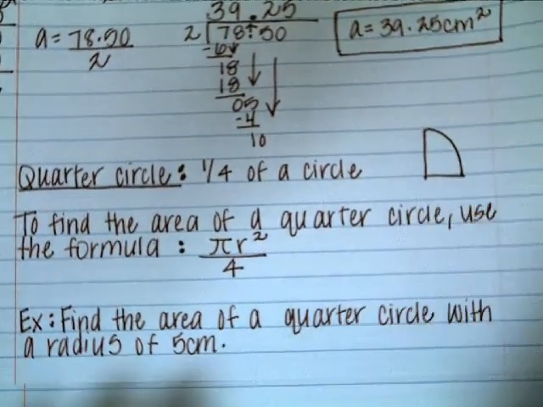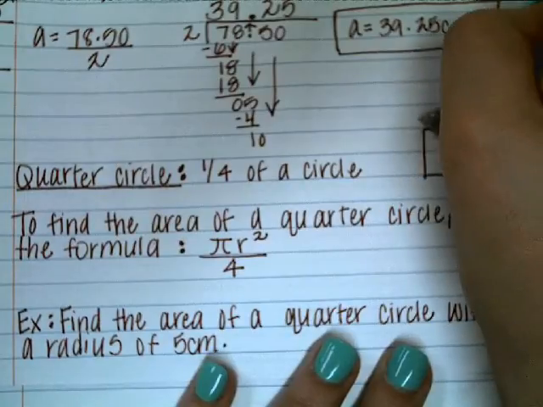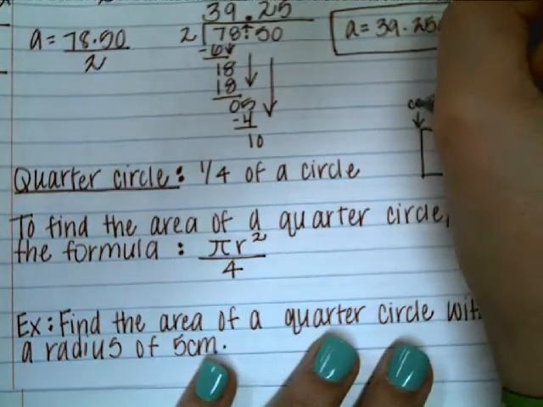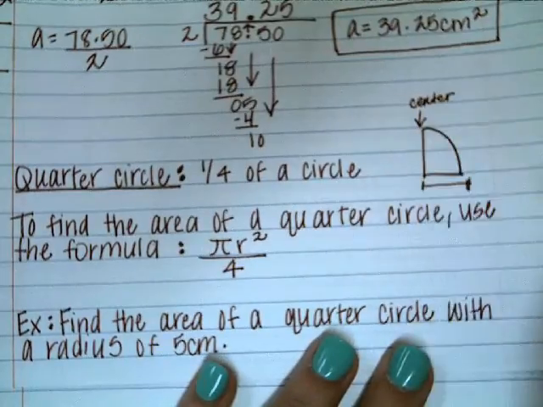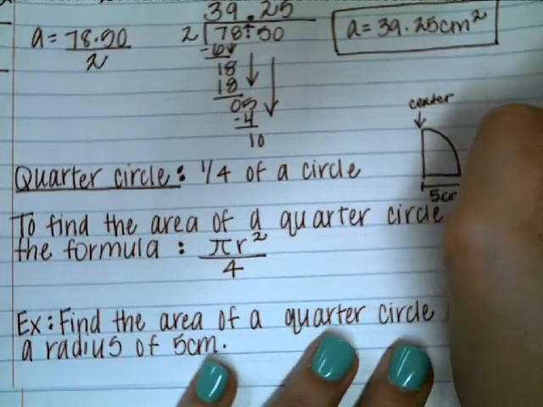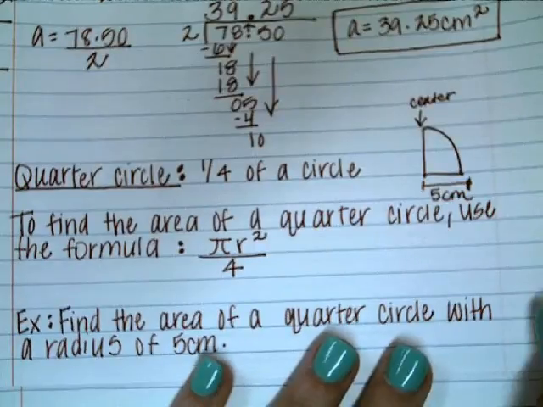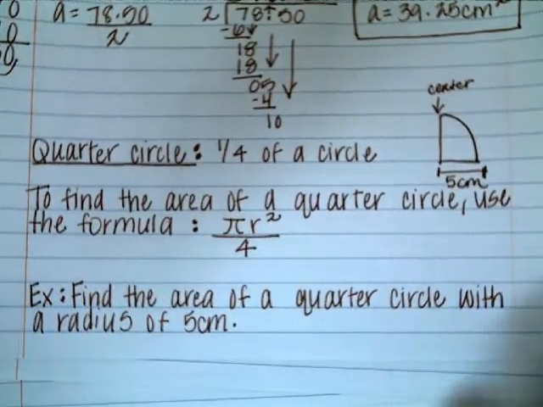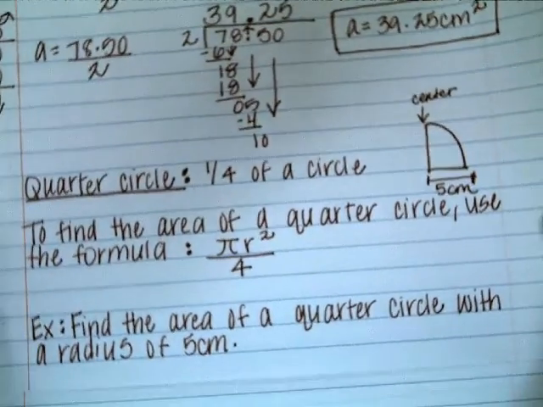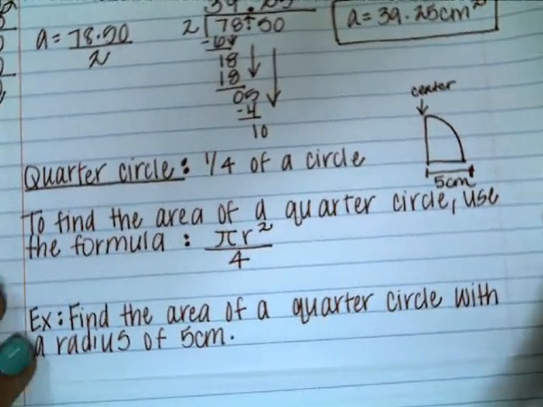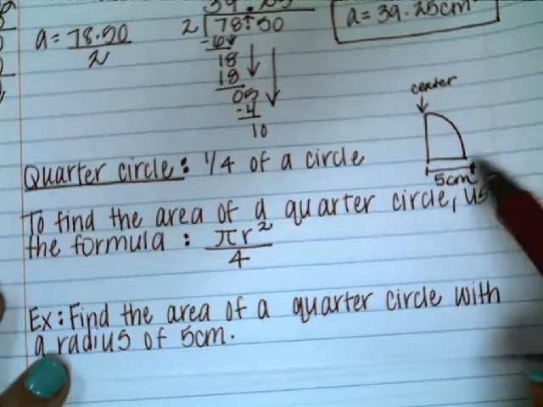That means this length, because this would be our center, from here to here, that's my radius, and that's 5 centimeters. All right, what we want to do is go ahead and draw a picture. Oh, excuse me, we already did that. It's up here.